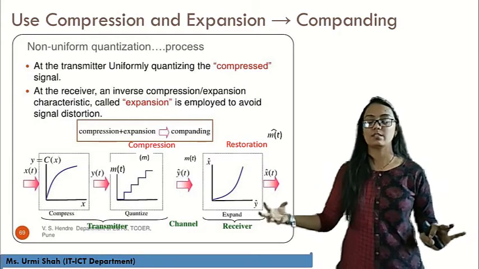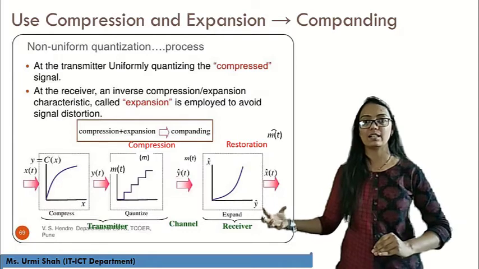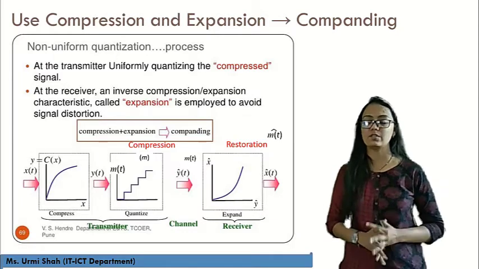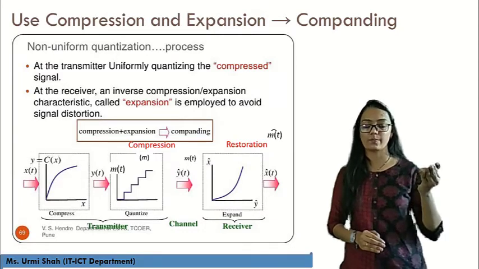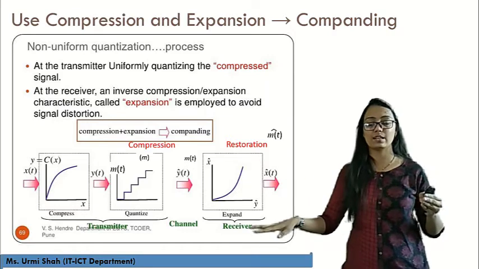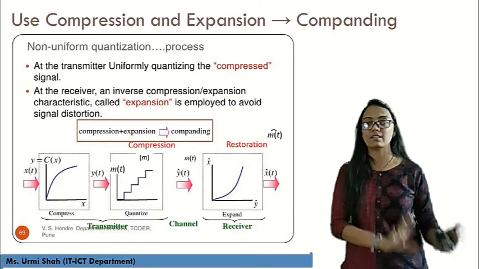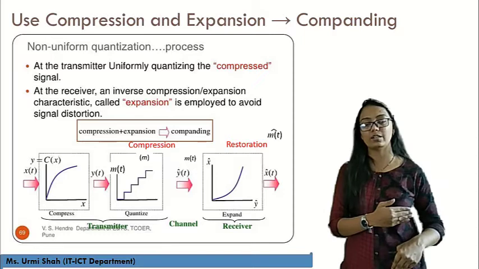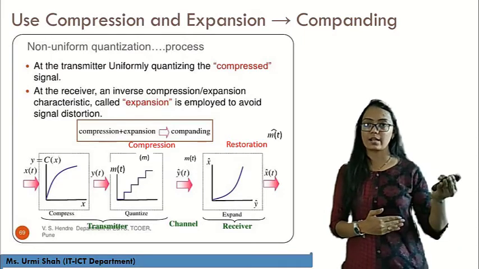Once at the transmitter side I am compressing my signal level, then back at the receiver side I need to expand it, because once I have compressed it at the transmitter side, at the receiver side I need to retrieve it back. So I will again expand it.